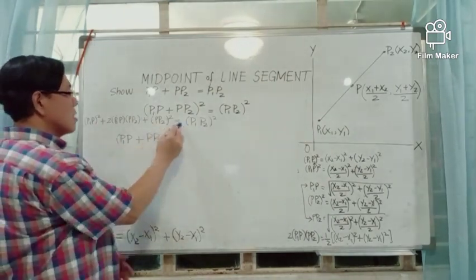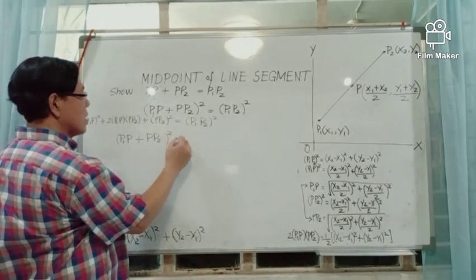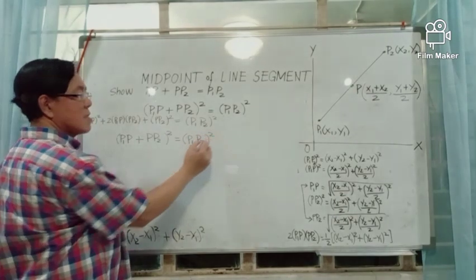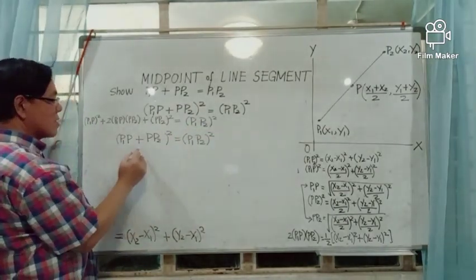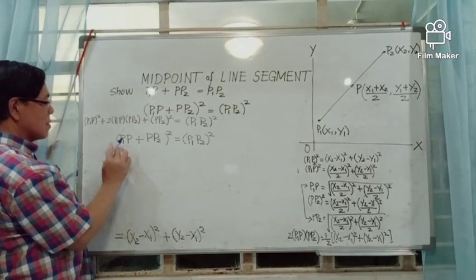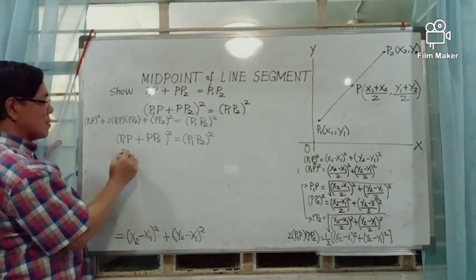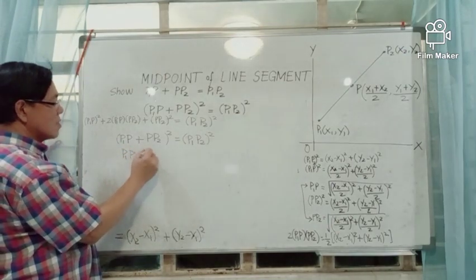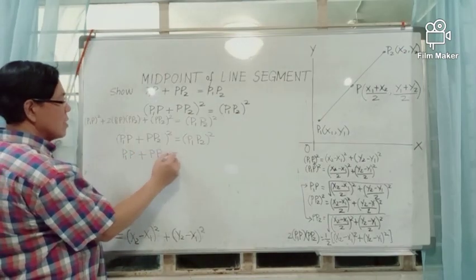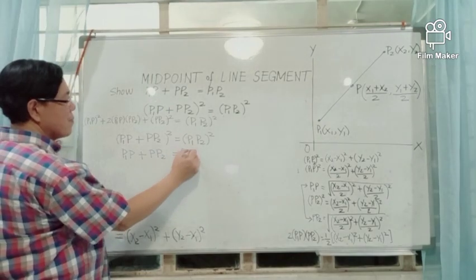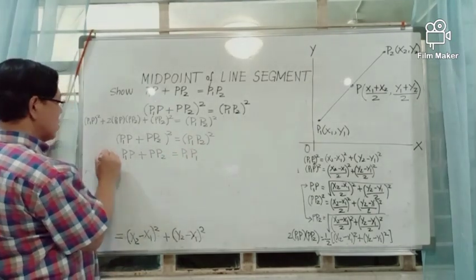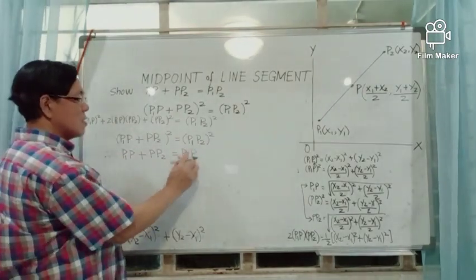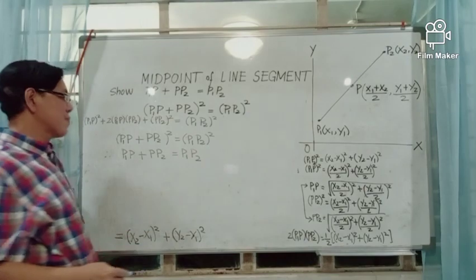And this is equal to the square of the distance between the endpoints of the line segment. If we extract the root of both sides, we get the distance between P1 and P plus the distance between P and P2 is equal to the distance between P1 and P2, the endpoints of the line segment.